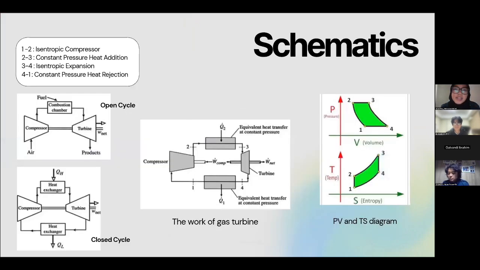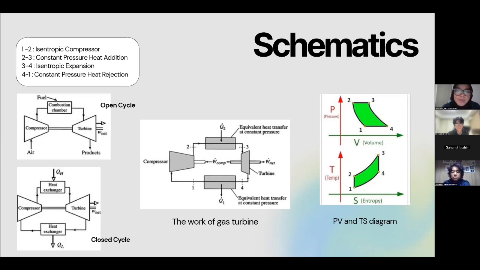Alright, so the schematics of the Brayton cycle, as you can see, are shown for the closed cycle and also the open cycle. First, air and fuel go into the compressor, and then go through the heat exchanger or combustion chamber, then through a turbine, and lastly to a heat exchanger.